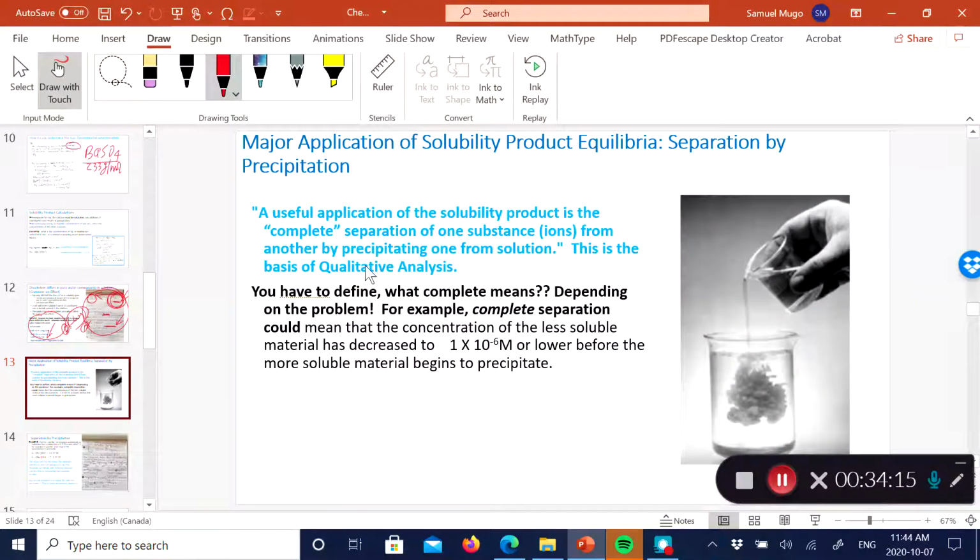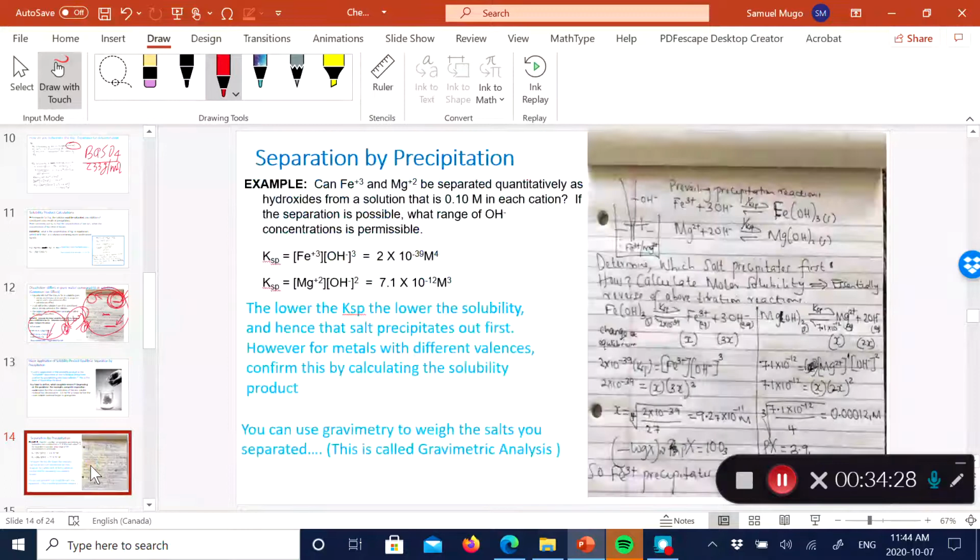And so you often have to think, am I able to separate one salt from the other quantitatively, so that they do not co-precipitate? And that's what I'm going to show you in the next slide.